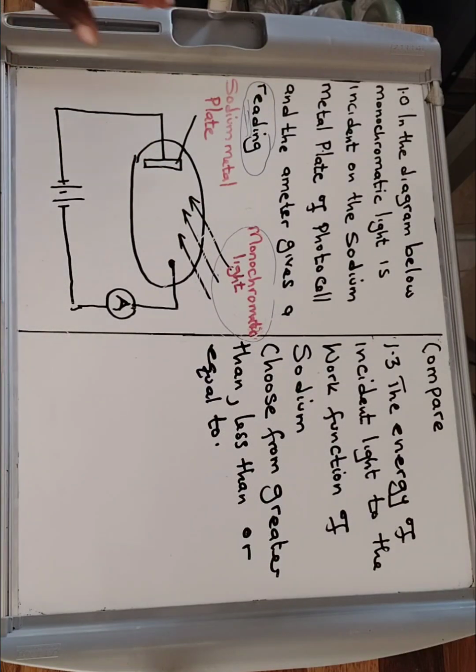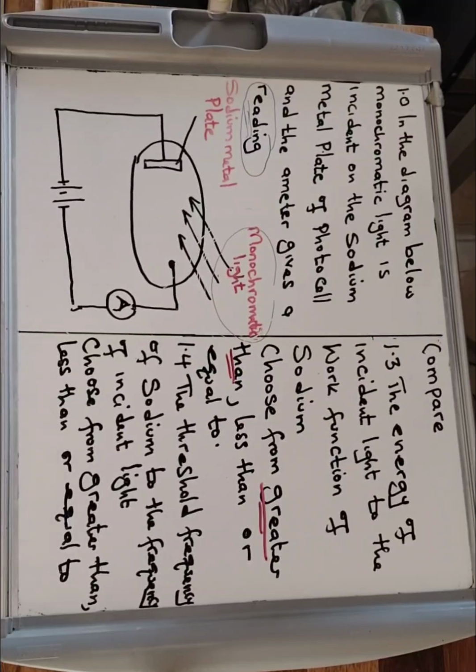The moment you see this statement that the ammeter gives a reading, it means that the energy of incident light is greater than the work function of the metal of interest. So the answer is greater.